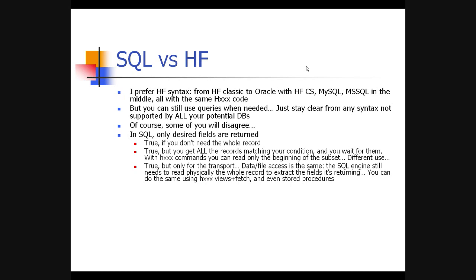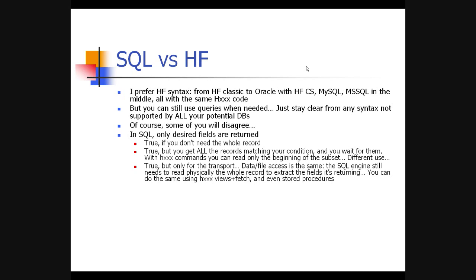And remember also that it's true only the fields that you select are returned, but that's true only for the transport, for the network traffic. The data file access is the same. The SQL engine still needs to read physically the whole record in order to extract from it the fields it's going to return.